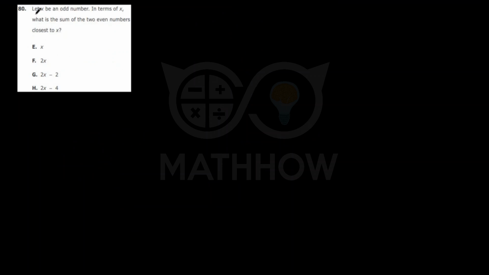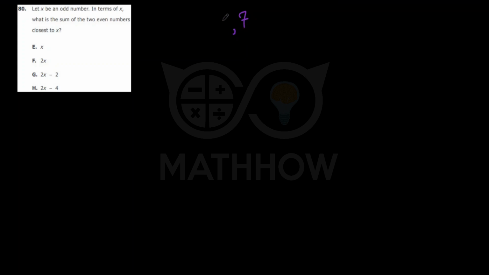Question number 80. Let x be an odd number. In terms of x, what is the sum of two even numbers closest to x? Suppose x is an odd number. It is given. Suppose x is 7, for example.